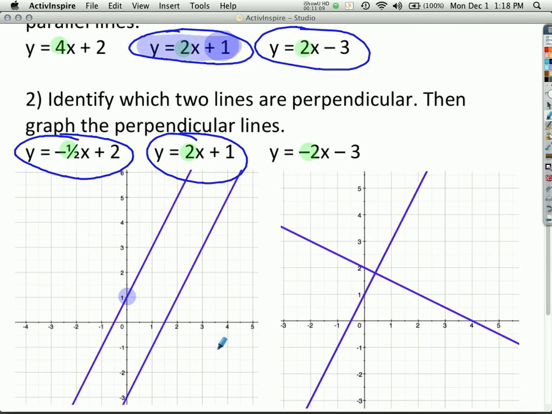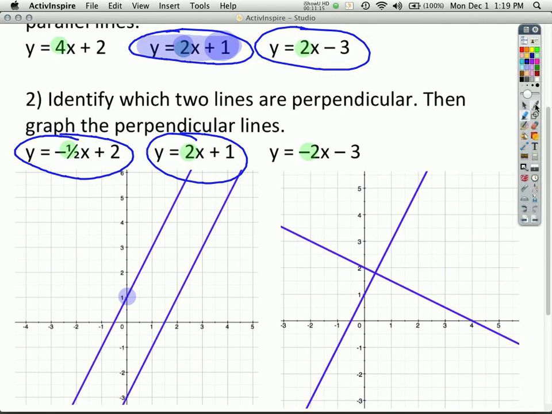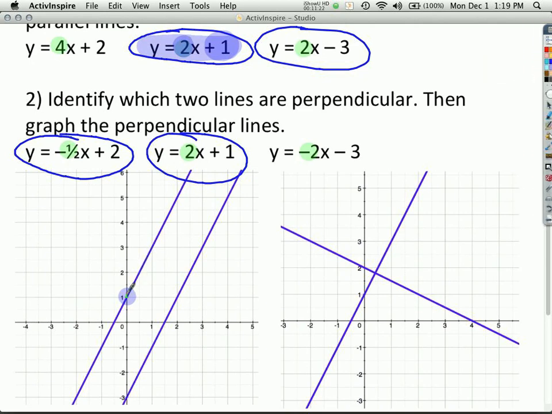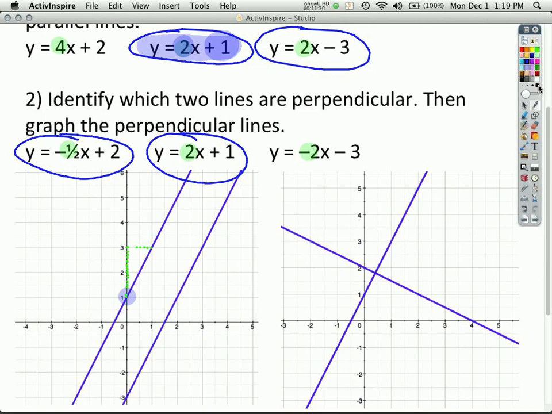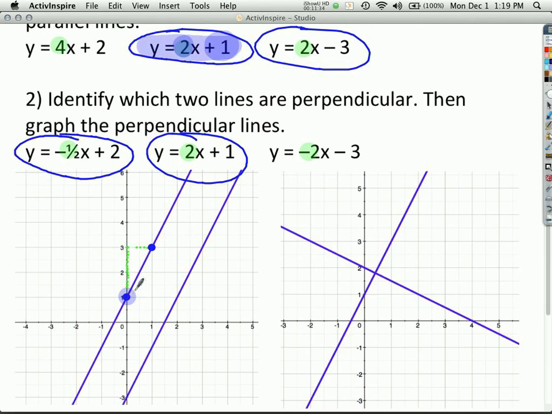And then what Natalie was trying to say is, then you need the slope, which is your GPS. Your GPS tells you where to travel. So this says up 2, over 1. So now you travel up 2, over 1, put another point, and draw a line through them. So you have a point here, draw a line.